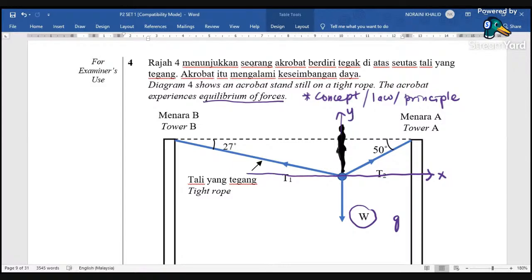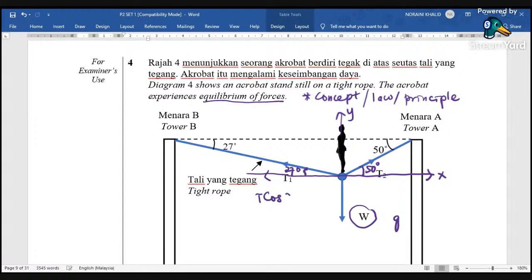For T2, I will use this angle 50. For T1, I will use this angle 27.